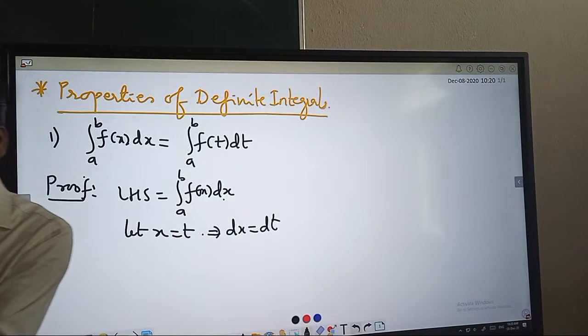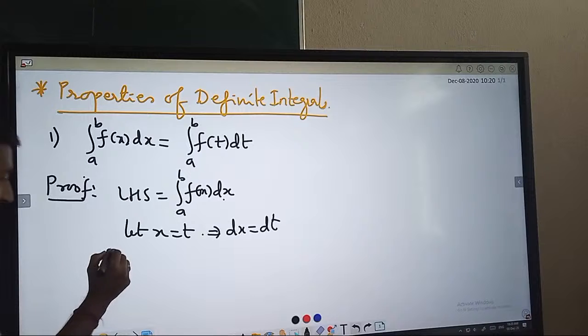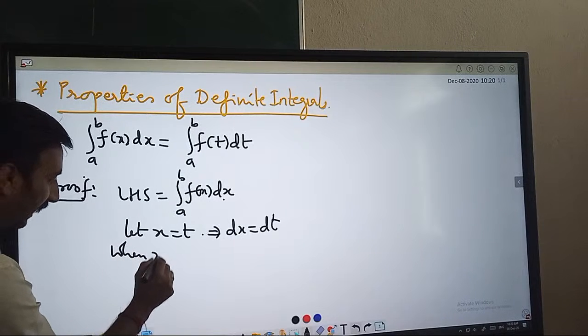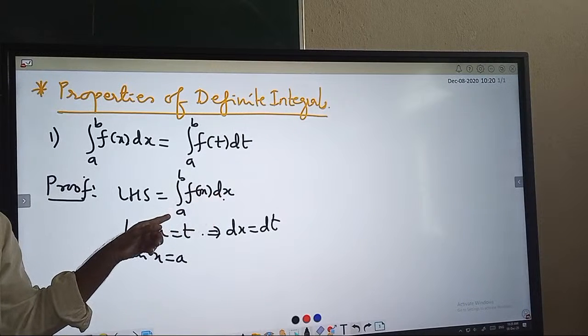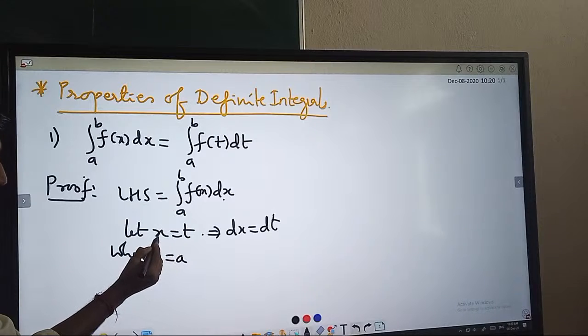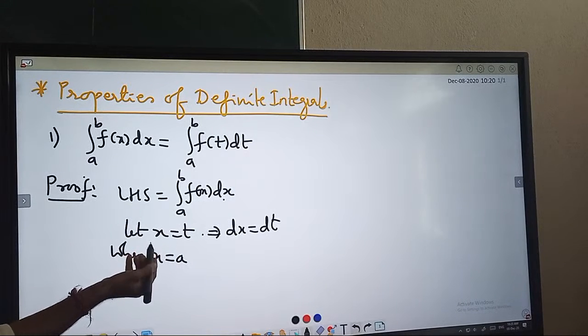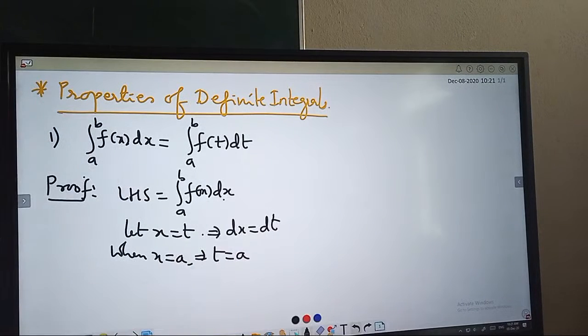And a very, very important thing in this concept is that you have to change the limits. When the variable was x, the lower limit was a. When it becomes t, x equal to a means t is also a.